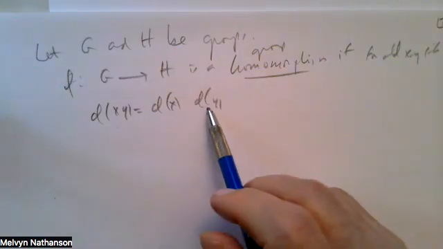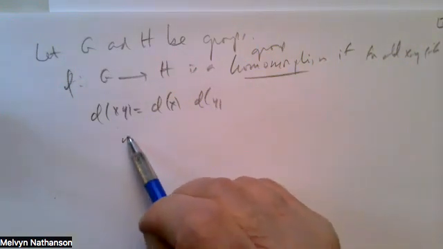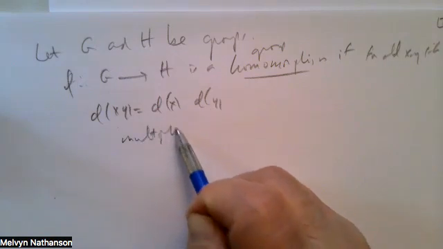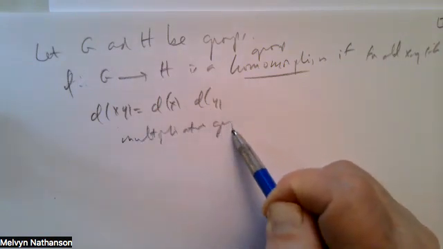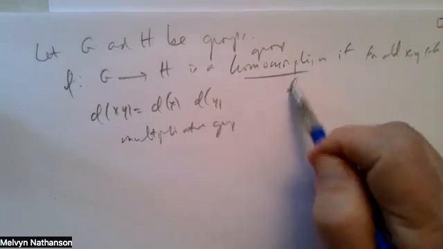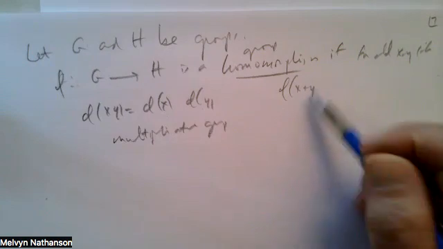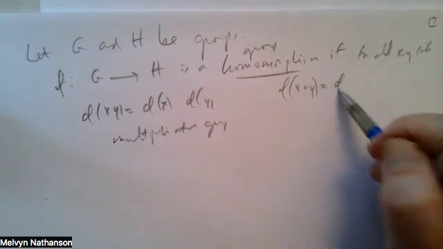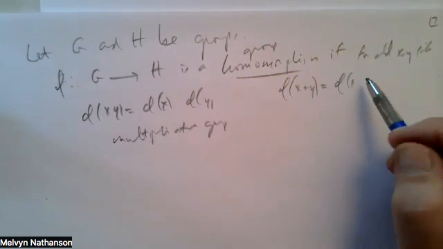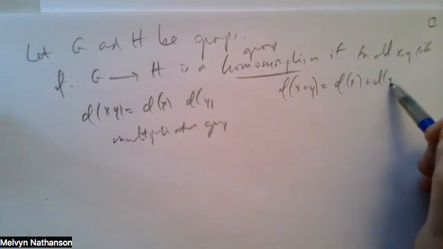This is if you have a multiplicative group. If the group were an additive group, the rule for a homomorphism would be that phi of x plus y is, let's say these are both additive groups, phi of x plus phi of y.